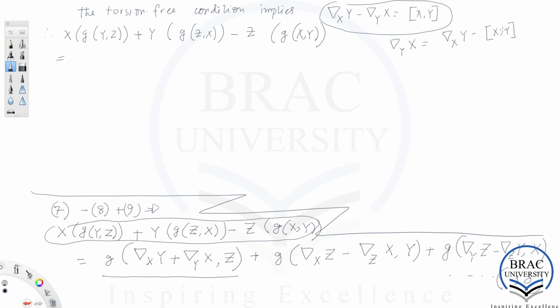This is what you can do, and if you do that, here you will arrive at g of 2 nabla x y minus commutator of these two vector fields, right?